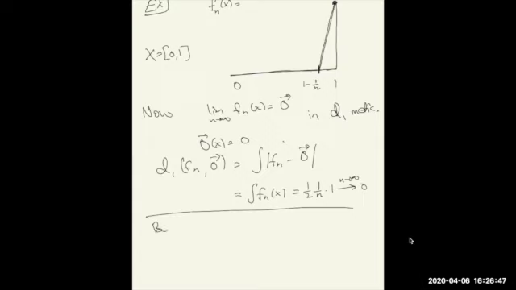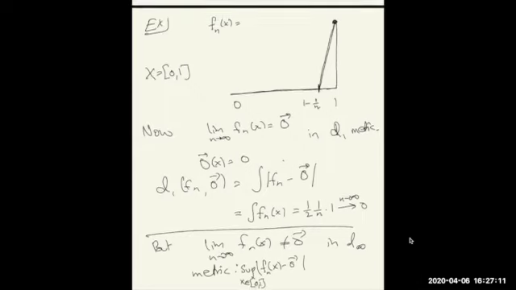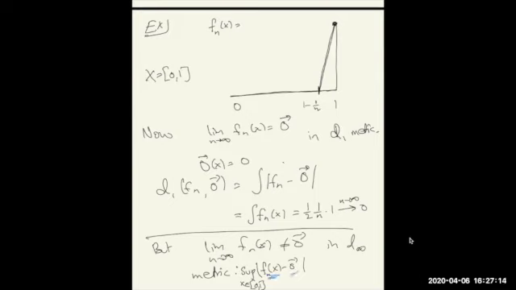But the limit as n goes to infinity of fn of x is not equal to the 0 function in the infinity metric. Why? Well, if we look at the absolute value of fn of x minus 0, and the supremum over all the x in [0, 1], well, what is the largest difference between this function and 0? It's attained at this endpoint where we have a difference equal to 1.